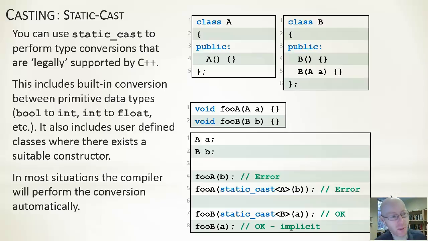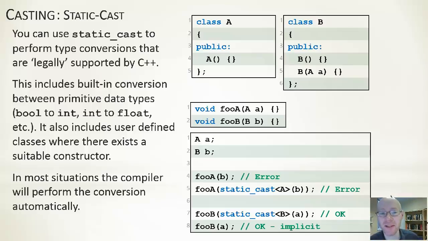So it's used to perform type conversions that are legally supported within C++. So this includes built-in conversions between primitive data types, so a bool to an int to a float, any of the normal conversions we can do. And it also extends to any classes that we define, and there's some rules around how this works. And we've got an example here.